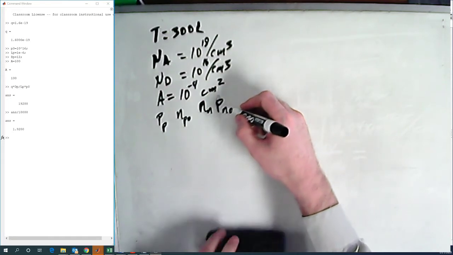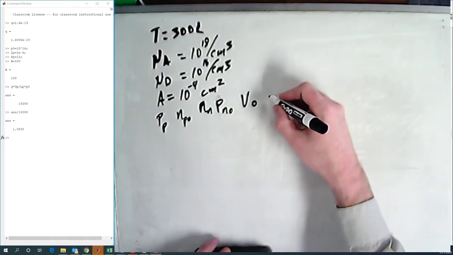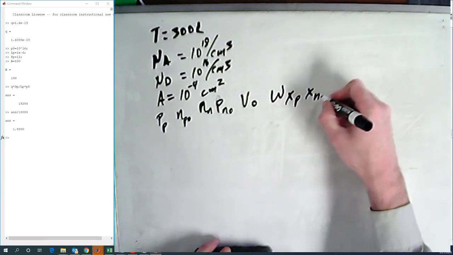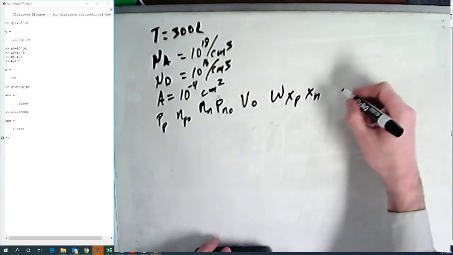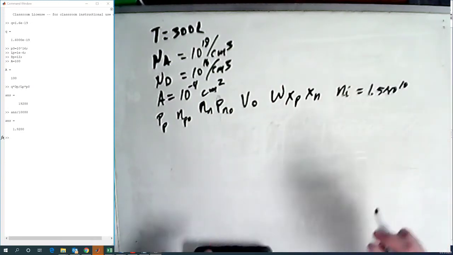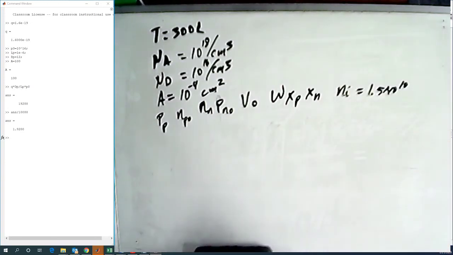They want us to know the junction voltage, the width, x_p, x_n, and they want us to use n_i equal to 1.5 times 10^10. I'm going to switch over, I think, completely to MATLAB at this point because it just turns into math. So don't freak out that I'm going over to MATLAB. But here we go.